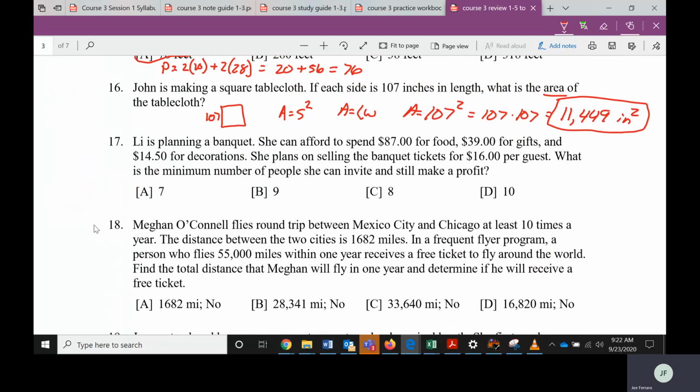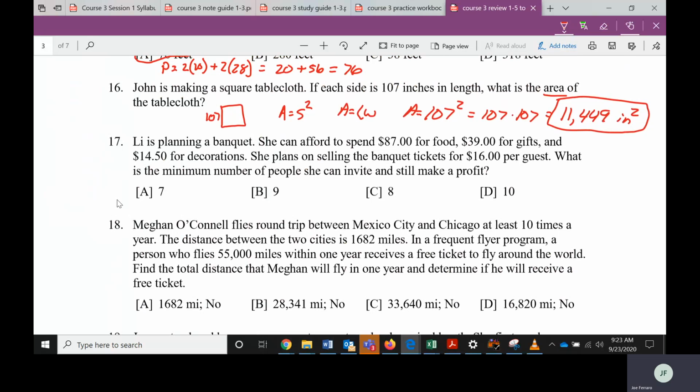17. Lee is planning a banquet. She can afford to spend $87 for food, $39 for gifts, $14.50 for decorations. She plans on selling banquet tickets for $16 per guest. What is the minimum number of people she can invite and still make a profit? Okay, so what we need to figure out is how much she's spending, first of all.